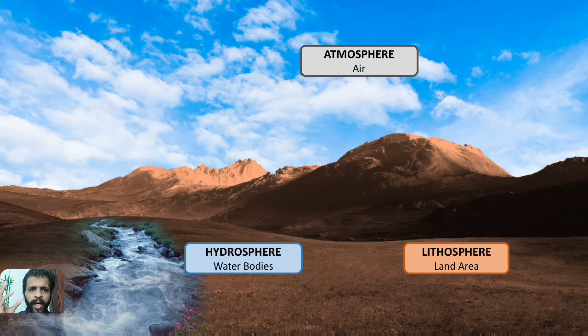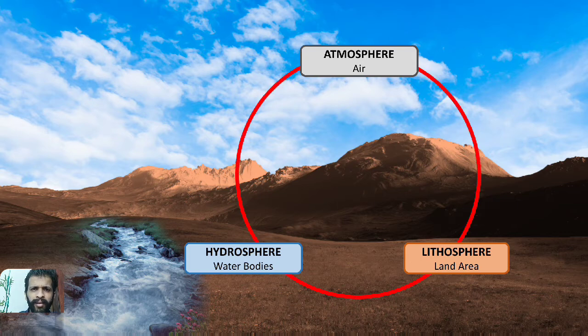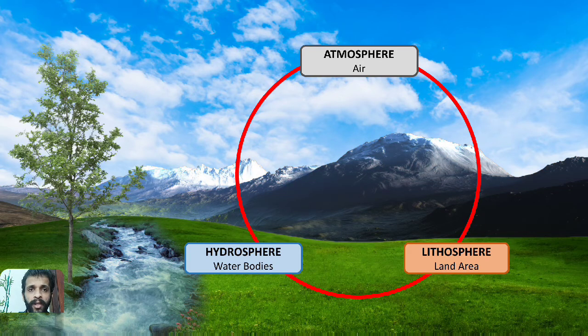Now, when lithosphere, hydrosphere, and atmosphere interact with each other, and by the way, when I say interact, that doesn't mean they are talking over the phone. How they interact is what we are going to learn in this chapter. But as of now, just remember that they interact with each other, and because they interact, life is possible.